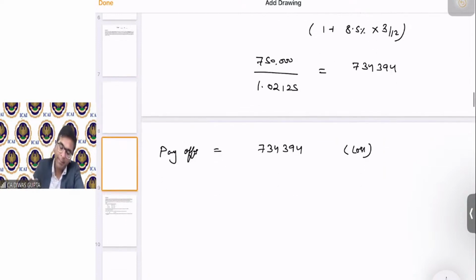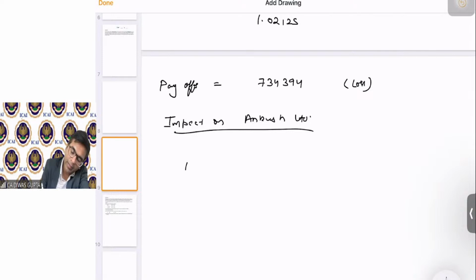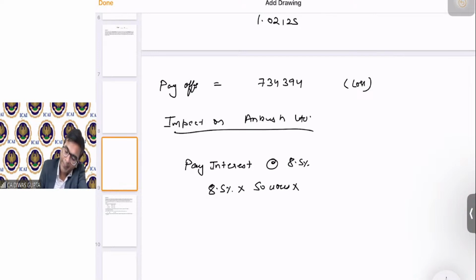Now let's calculate the impact on Ankush Limited. So first of all, Ankush Limited will pay interest at the rate of 8.5%. So 8.5% on 50 crores multiplied by 3 divided by 12.